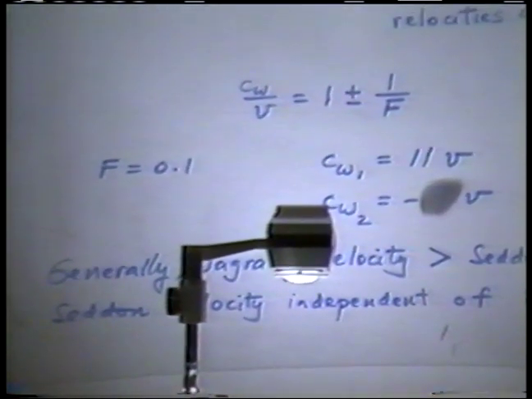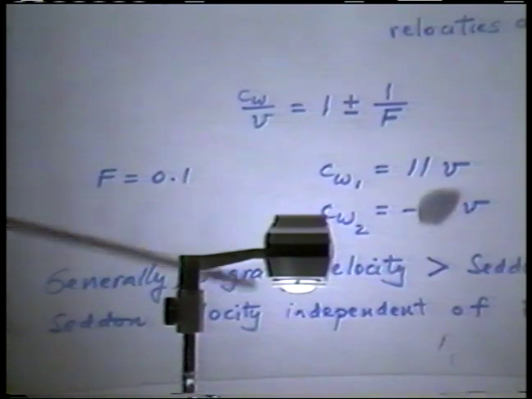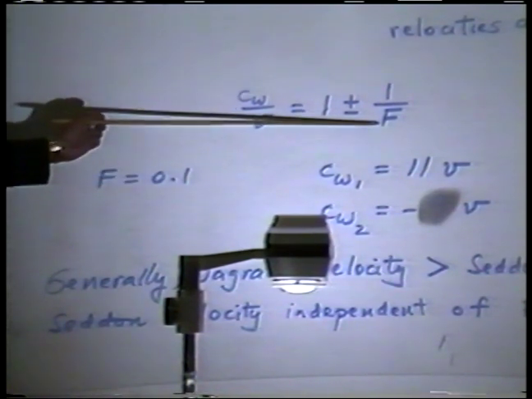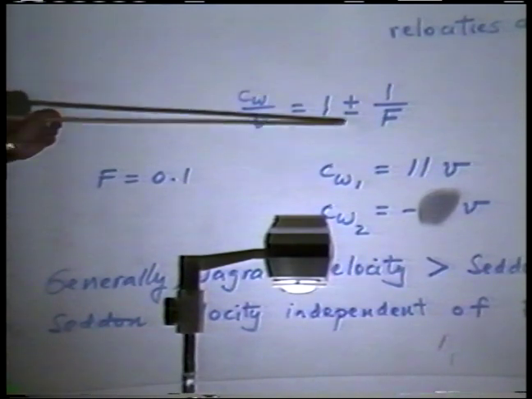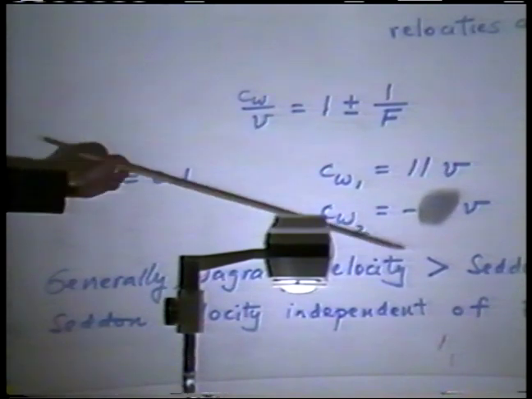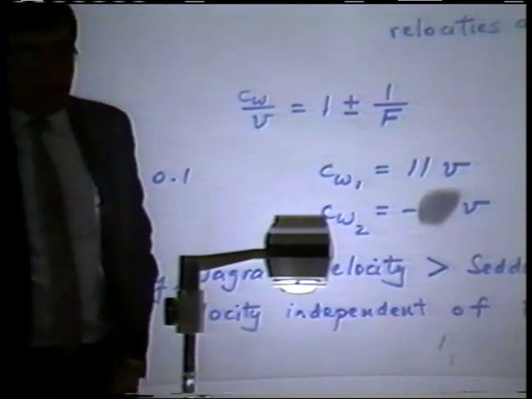I could have used 0.2, but that wasn't going to make that much of a point. So I use 0.1. 1 over 0.1 is 10. That means that the downstream component is going to be 11 times the velocity, and the upstream component is going to be minus 9 times the velocity.